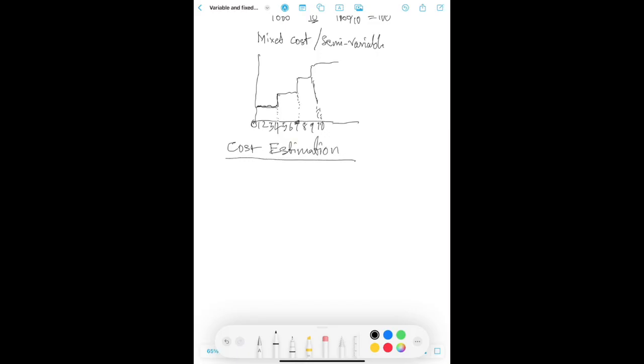Most times you are given cost for a particular period, and you are expected to estimate what cost will be in the following year. There are various methods. We have the account classification method.